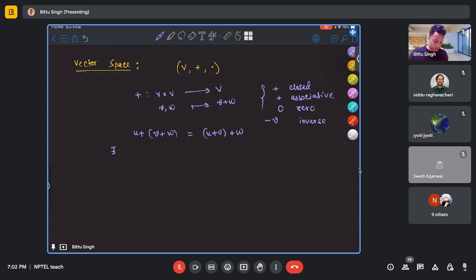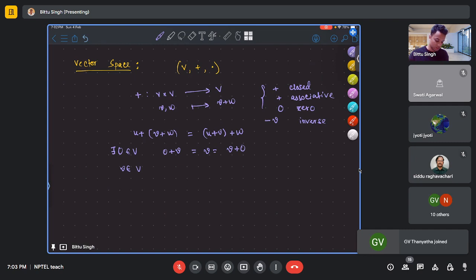There exists an element 0 in the vector space V such that addition with 0 gives the same thing. And what is the meaning of inverse? For any v belonging to V, there exists an element minus v belonging to V such that adding v and minus v gives the zero element.